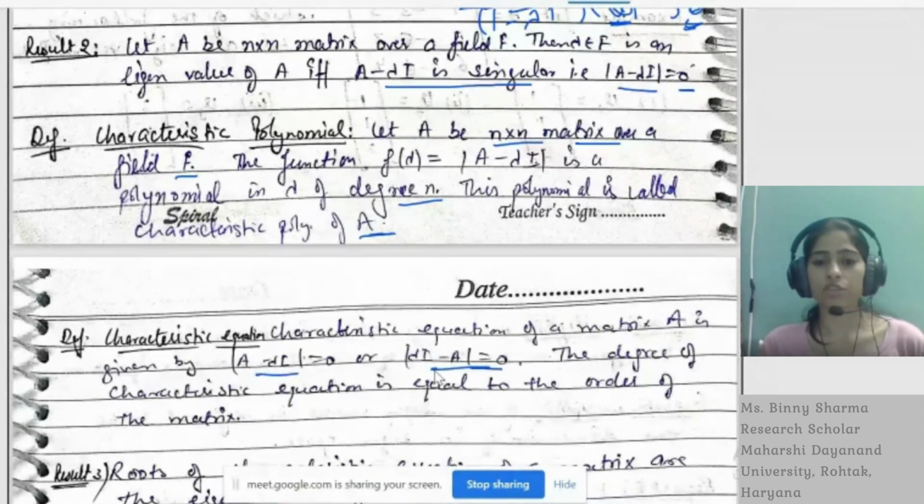So the characteristic equation of a matrix A is given by determinant of A minus lambda I equals 0, or determinant of lambda I minus A equals 0. Here the degree of the characteristic equation is equal to the order of the matrix.